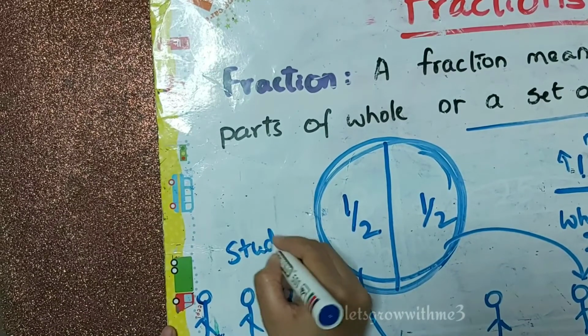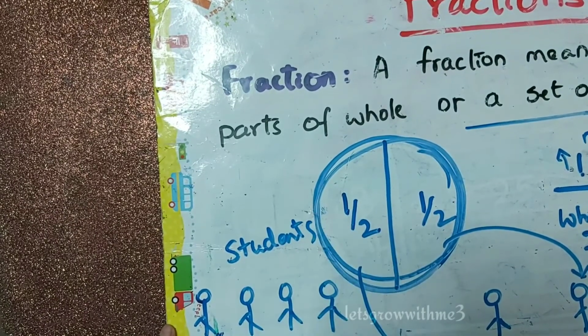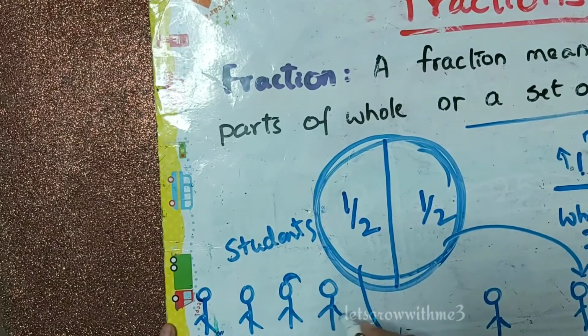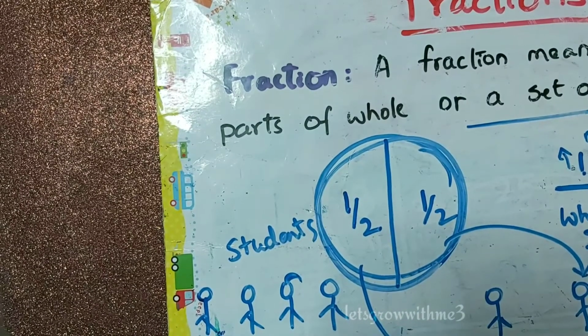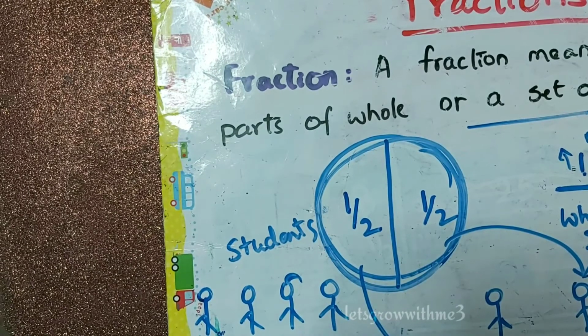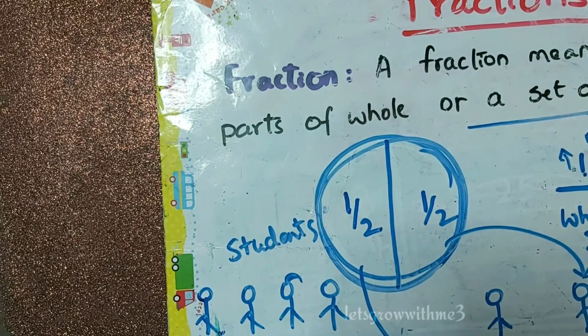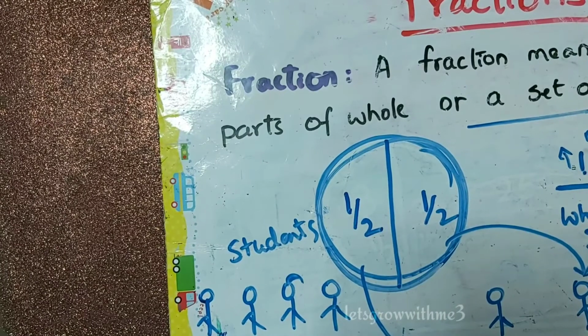How? For example, here we have 4 students. Among them one is a girl. If they ask what fraction of the students are girls, then also we will use the concept of fraction.